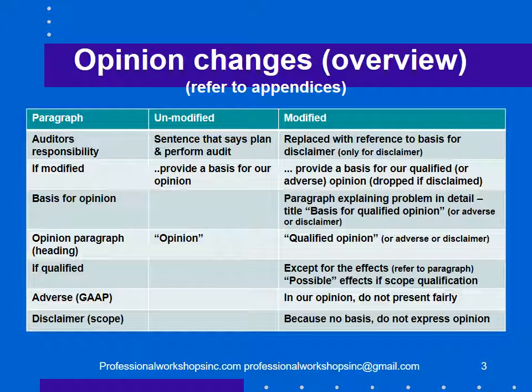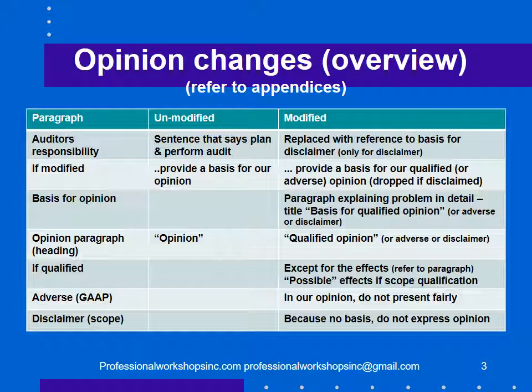And there's a place where we say, we believe the work we've done provides a basis for our opinion. We will change that to a basis for our qualified or adverse opinion. And if we disclaim, we drop that sentence entirely because we just have no idea. There will be a basis of opinion paragraph, basis for qualified opinion.